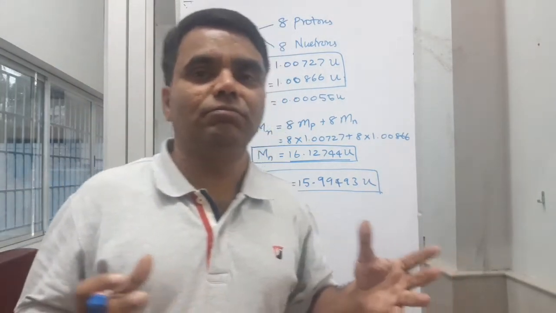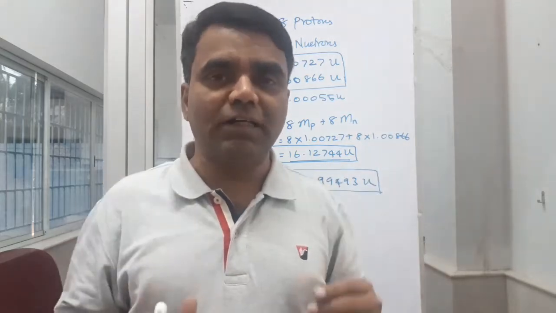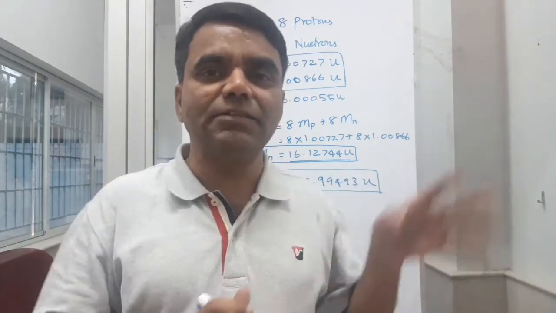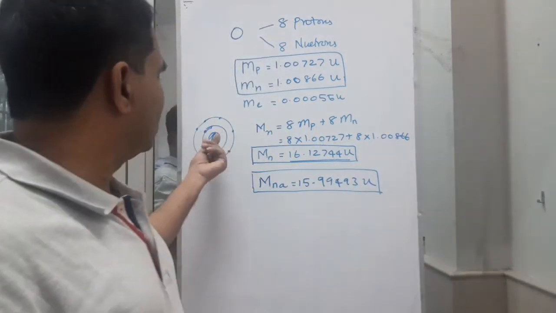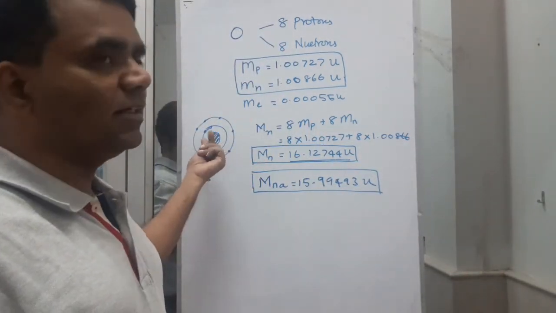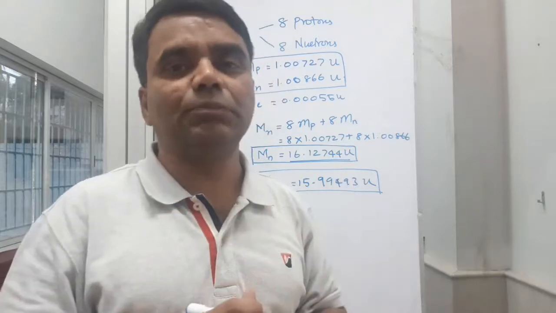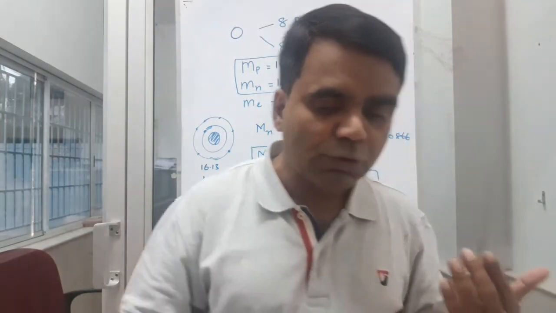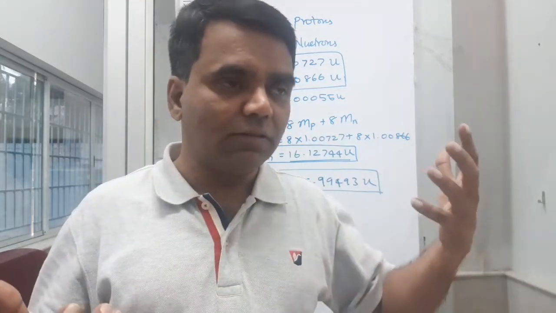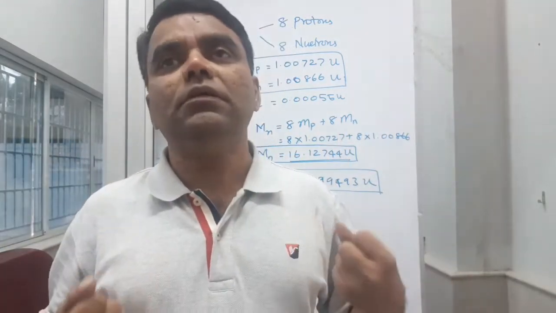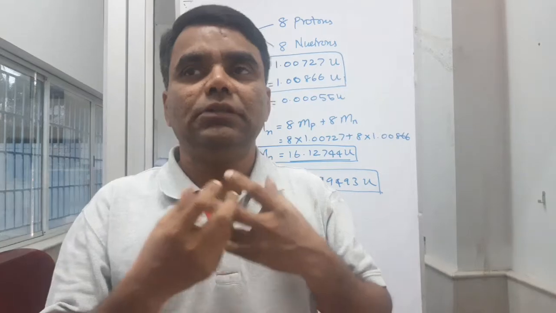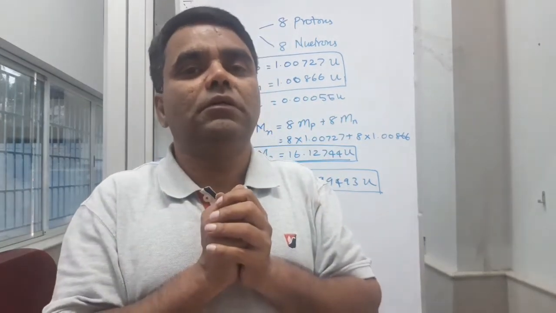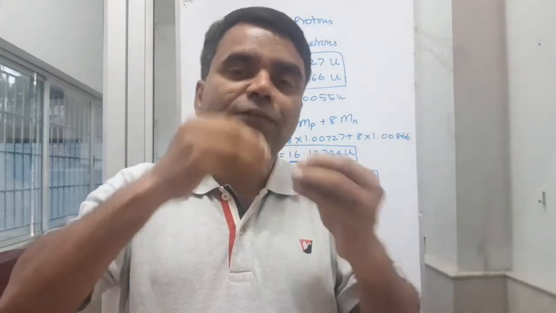So if you bring 100 units of mass, and close to 1 unit is gone, so only 99 is remaining. You expect this to be 100, but you get only 99 there, so there is a small difference in the mass. So Einstein said this. Einstein said, when you bring protons and neutrons together to form the nucleus, part of the mass of these particles will get converted into energy.